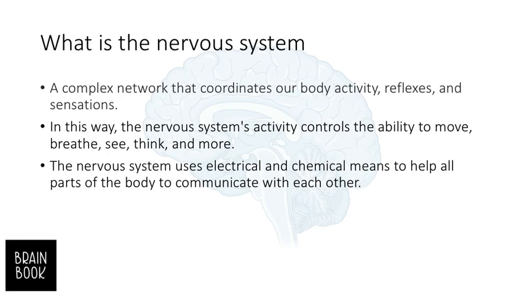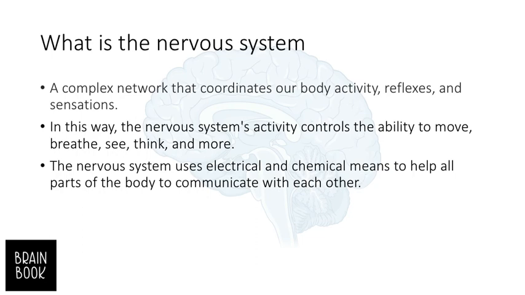The nervous system is a complex network that coordinates our body activity, reflexes, and sensations. For example, it controls our movement and our speech. It controls our reflexes to external stimuli. For example, if we touch a hot surface with our hands, the nervous system will help us rescue ourselves and pull back our hand.